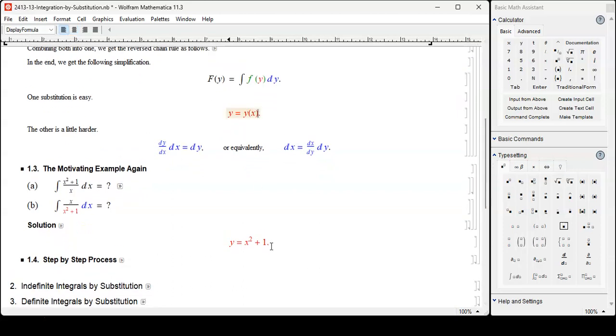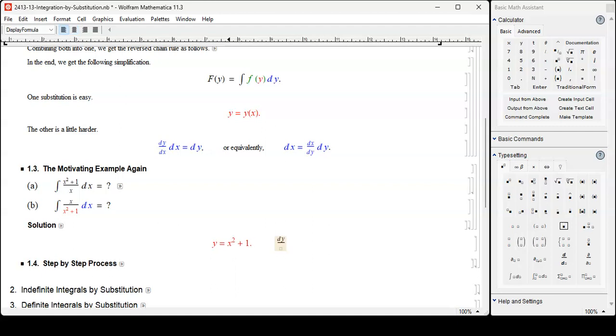Okay, all right, that's what I just did. And then we want the derivative, dy over dx or dx over dy. We need the derivatives. So let's take the derivative from here. dy over dx, the derivative is 2x.